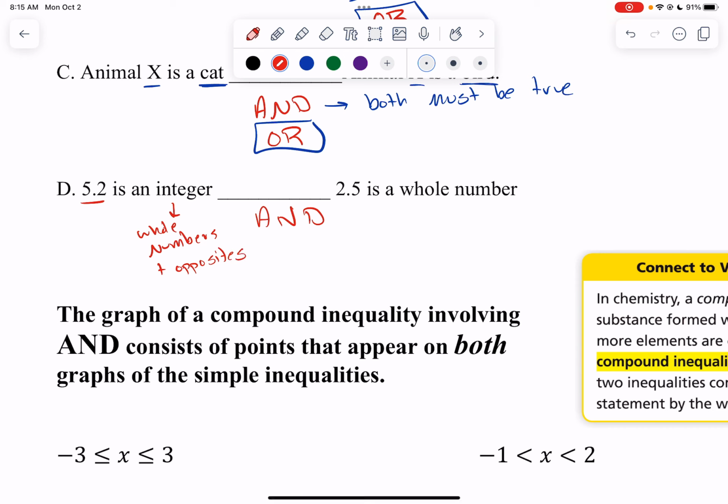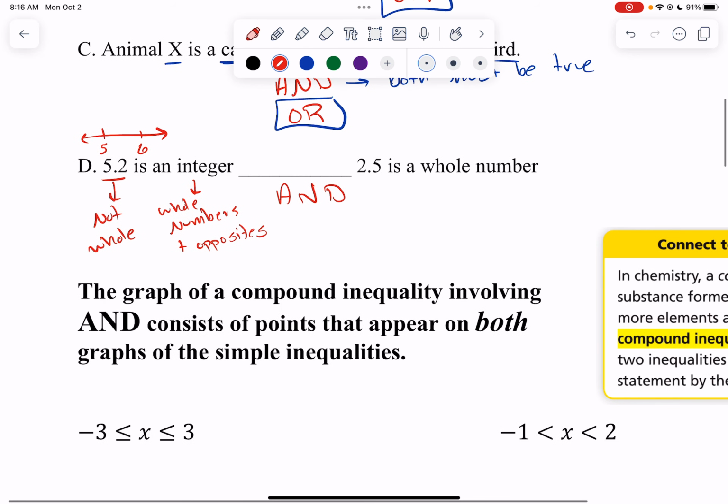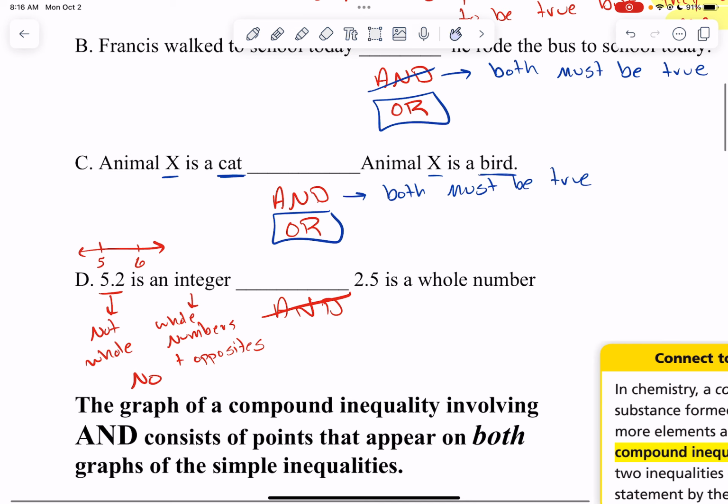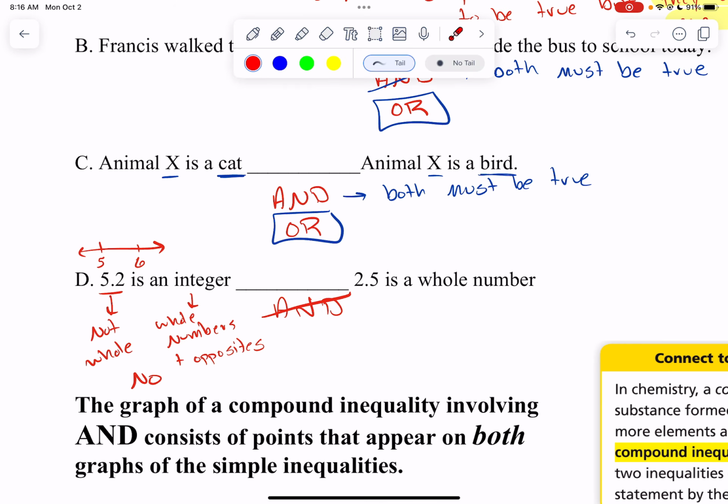Well, I can tell right there 5.2 is not a whole number. It's in between. 5.2 on a number line is in between 5 and 6. So it is not an integer. So no, that's not true at all. So I know for sure I can't use and, because for and, both must be true.